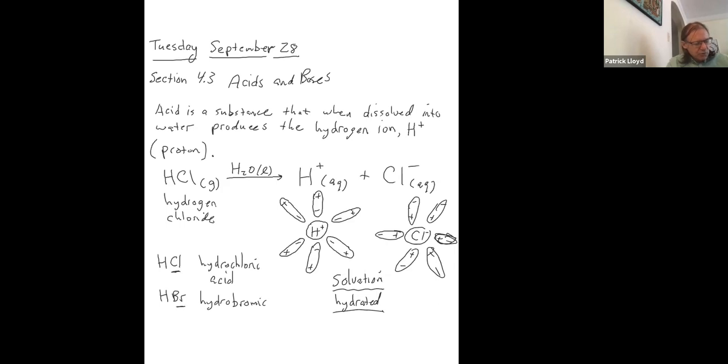So those are kind of the simplest of the acids, the ones where you have a hydrogen with one nonmetal. So HCl, HBr, HI. You can do one more here, HI. This is iodine. I is iodine. So hydroiodic acid.